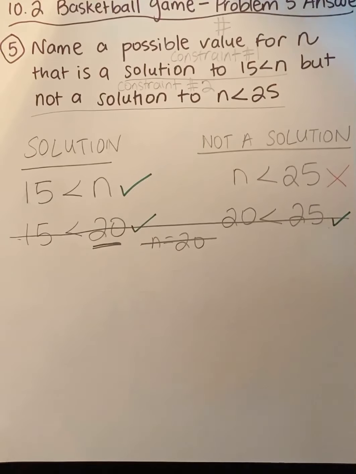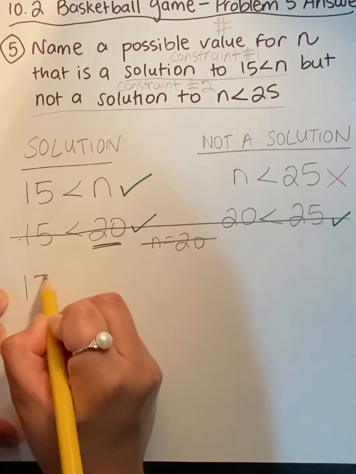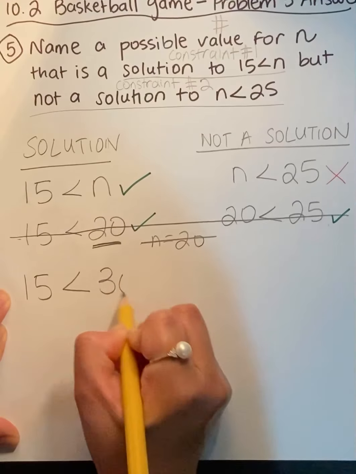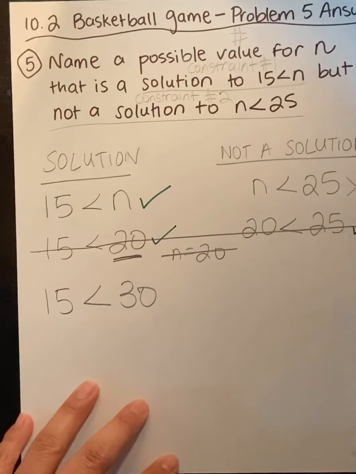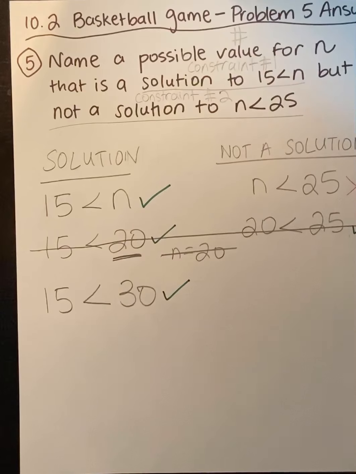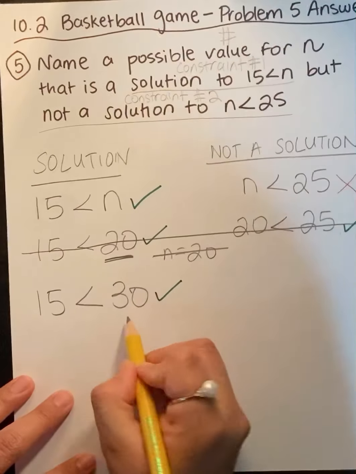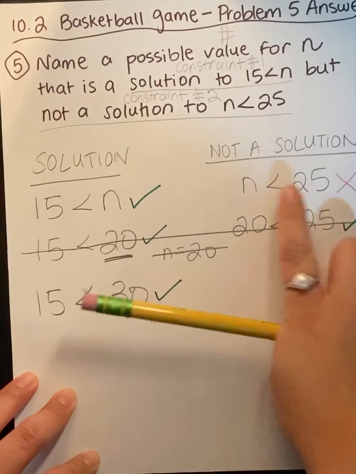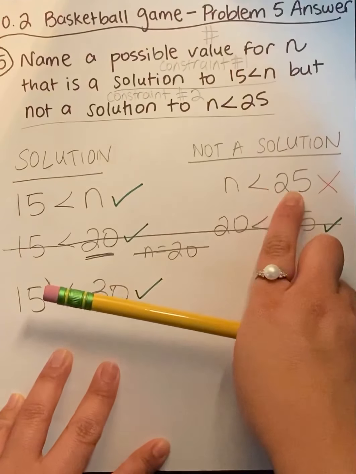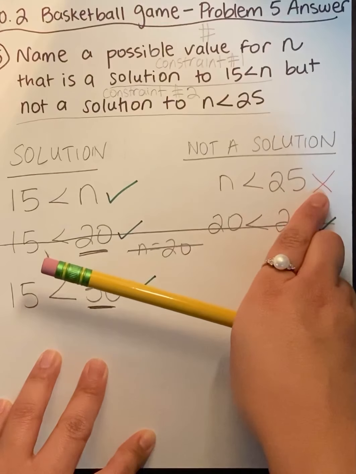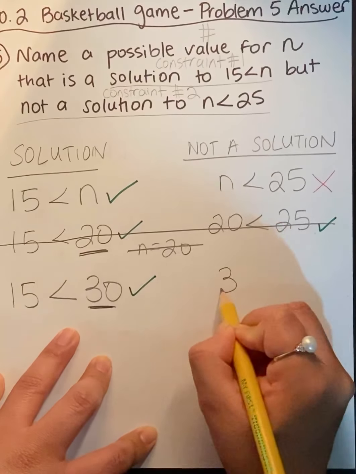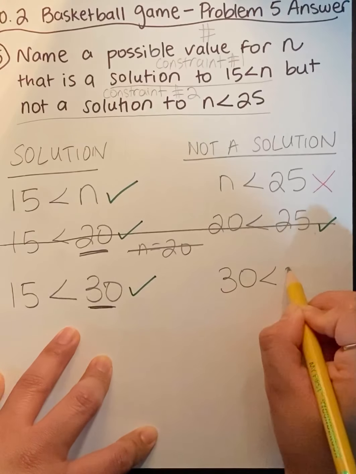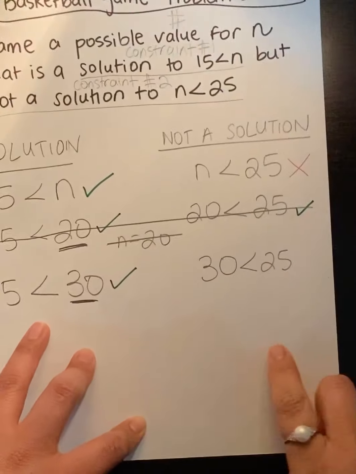Maybe 30. So I am going to write 15 is less than 30. And yes, that is correct. 15 is less than 30. If I take 30 and I write it into this second inequality, it needs to make it false. So instead of writing n, I'm going to write 30 and write the rest of the inequality.